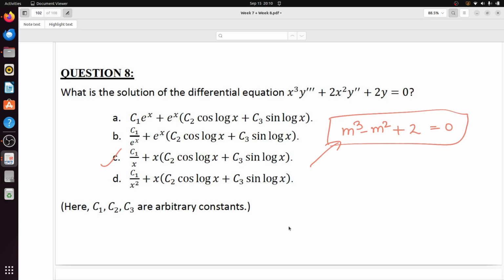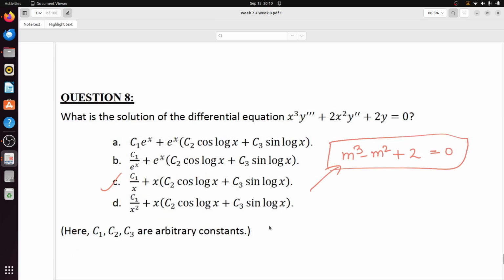You just write it as this operator x cube d cube by dx cube will be changed into theta into theta minus 1 into theta minus 2. This 2x squared d2y/dx2 will be changed into theta into theta minus 1, and that 2y will remain 2y. Then this problem is, I think, easy. This you can easily tackle.